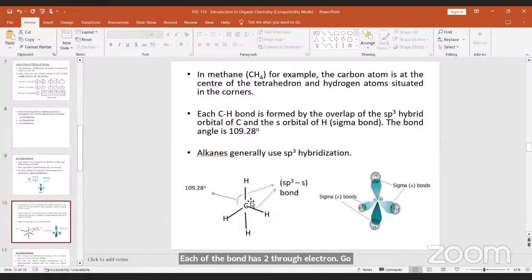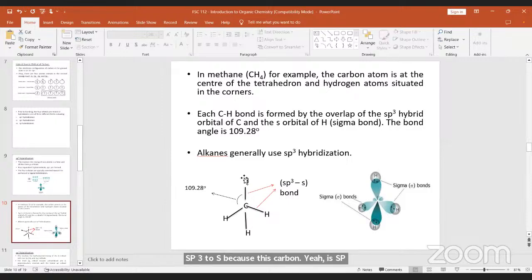Yes, sir. So each of the bonds has two electrons, and therefore, altogether, you can see that the carbon that is now sp3 hybridized has fully formed a compound. Now, the nature of the bond is sp3 to s, because this carbon here is sp3 carbon.